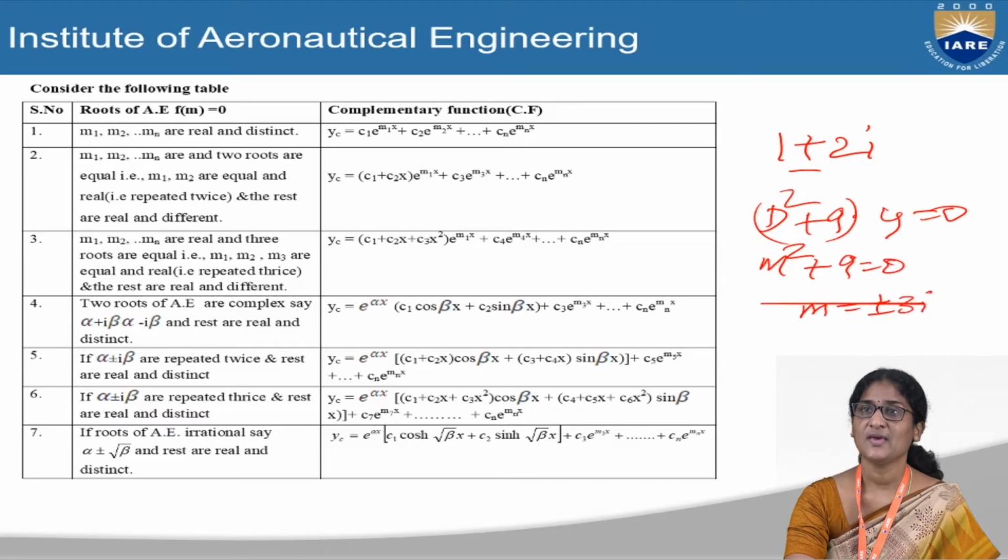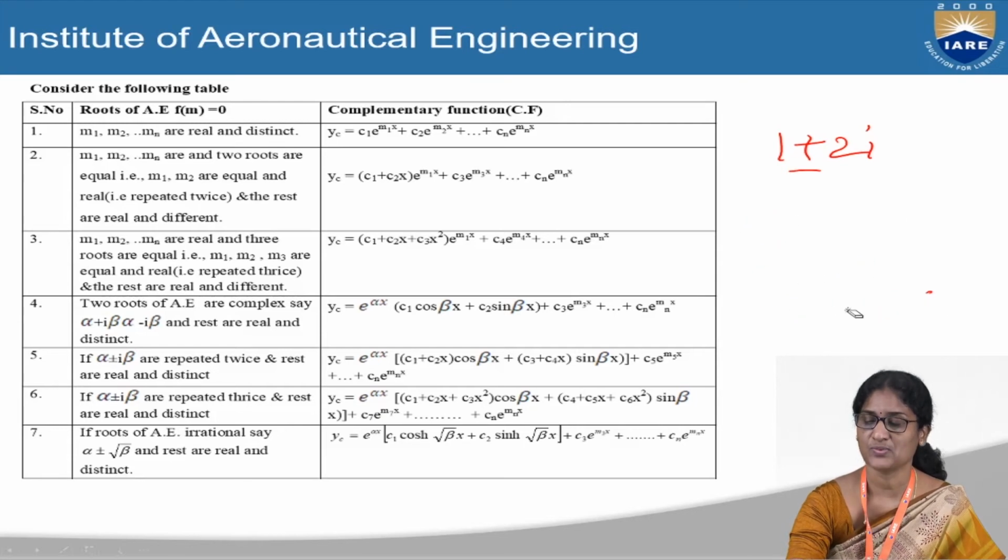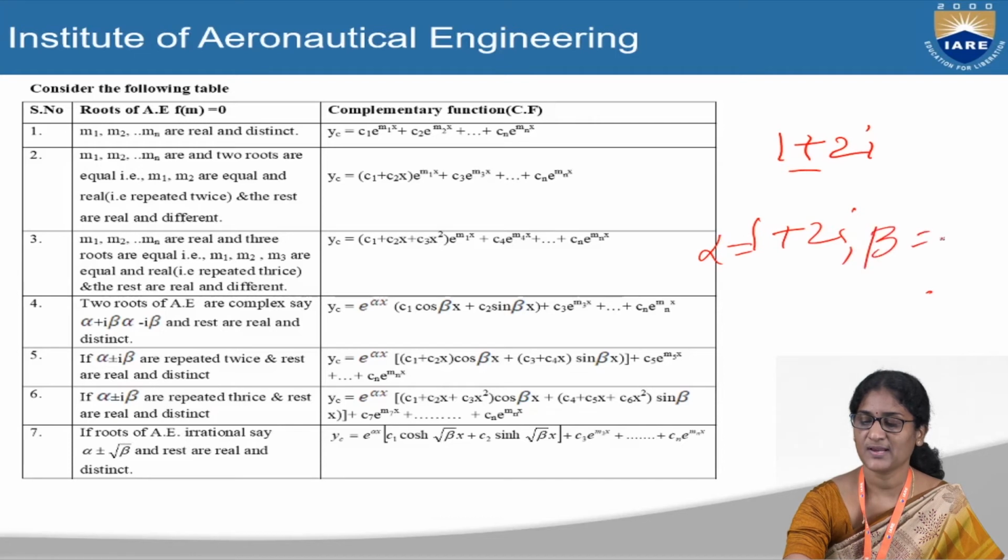So in this way we have the auxiliary roots. Whatever example I have taken, I have two roots here, that is 1 plus 2i, alpha, and 1 minus 2i, beta. Then how to write it?